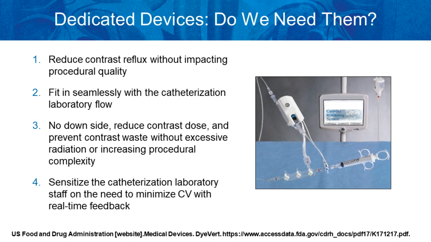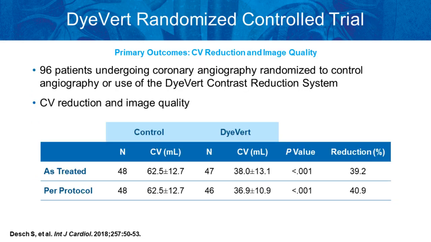Now, this device has been tested in controlled trials. Dr. Desch from Germany, his group, randomized patients to control angiography or use of DyeVert, and they showed that you could reduce the amount of contrast by about 40% or so. So an absolute reduction of about 40 mLs or so.